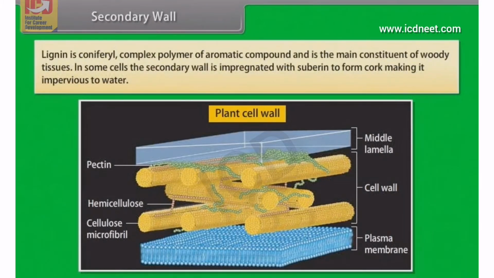Lignin is a coniferyl, complex polymer of aromatic compound and is the main constituent of woody tissues. In some cells, the secondary wall is impregnated with suberin to form cork, making it impervious to water.